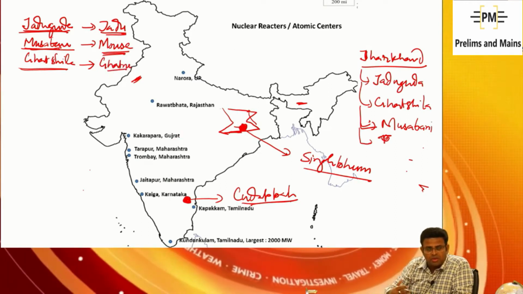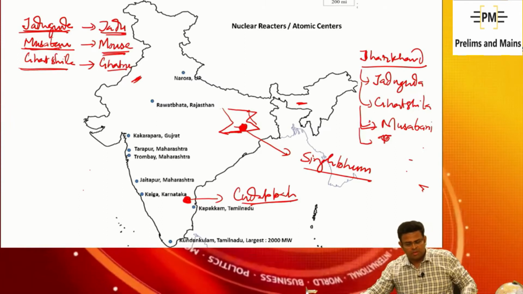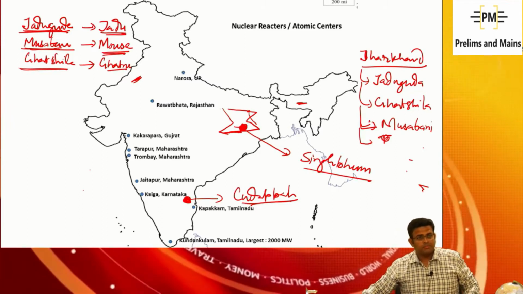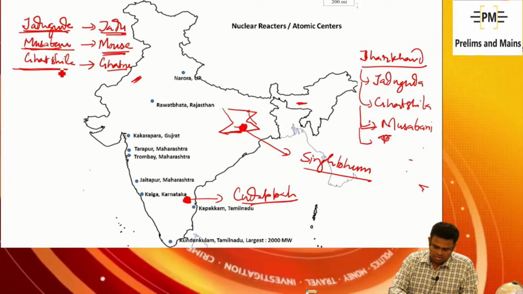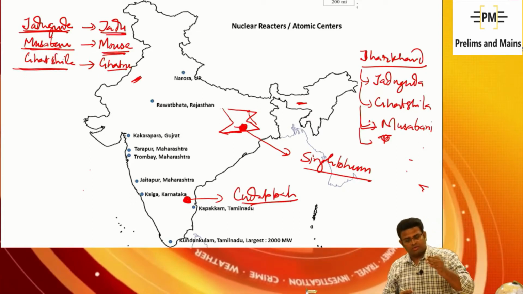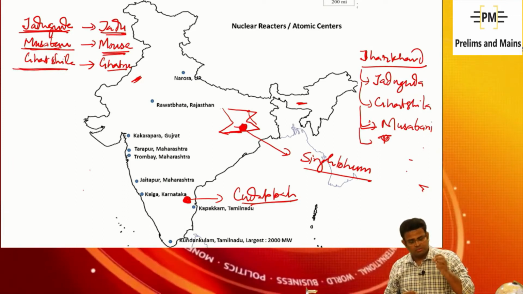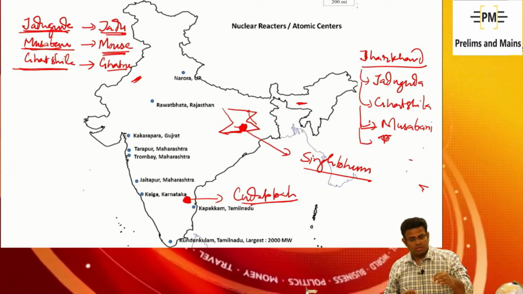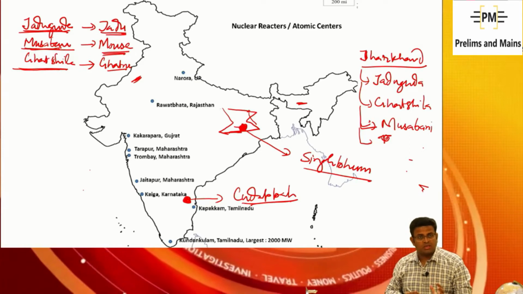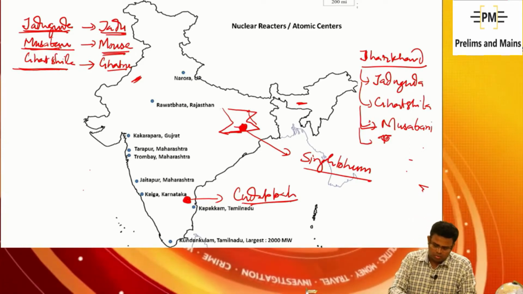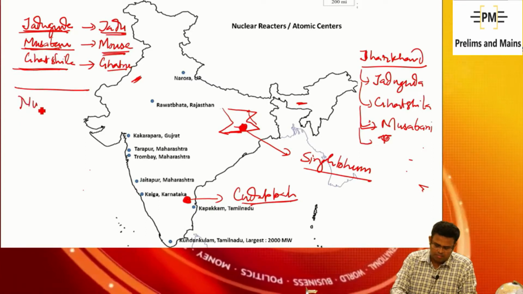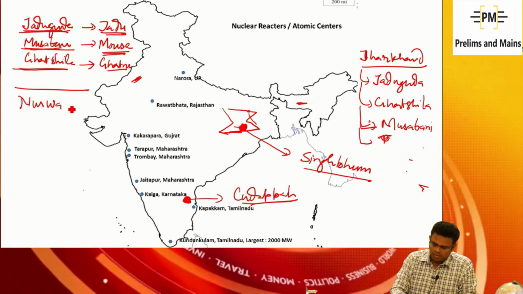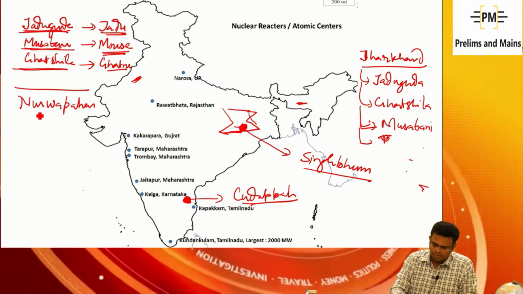So Jaduguda, Musabani, and then Ghatsila. Clear? And who is doing this? Another one: Narwa Pahad.